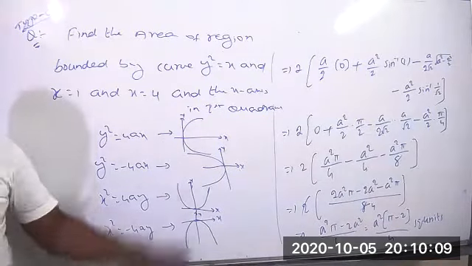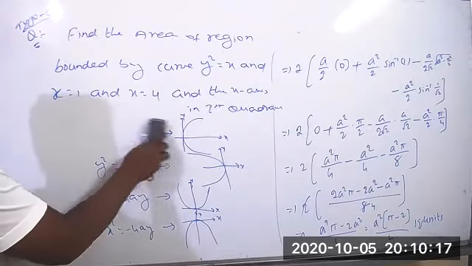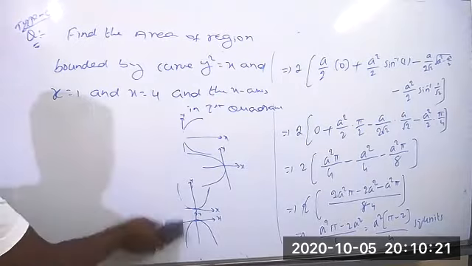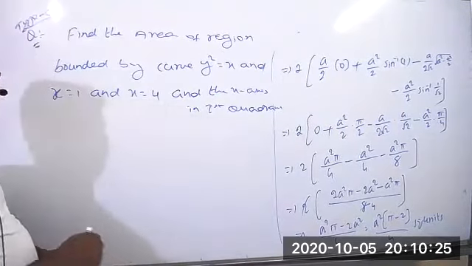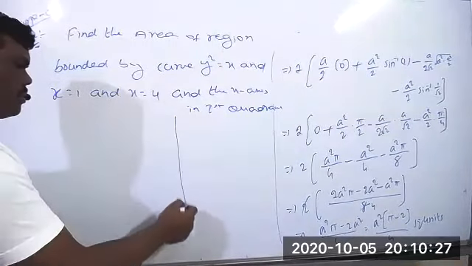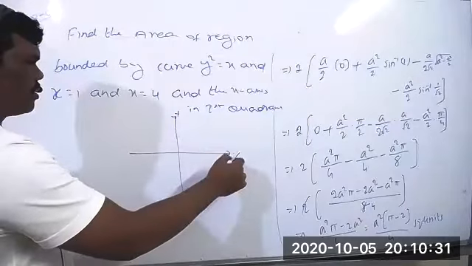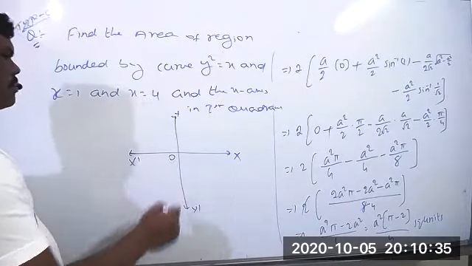Now, coming to our question. Here we have to find the area of the region bounded by the curve y square equal to x and the lines x equal to 1 and x equal to 4. So I'm drawing the diagram here: x-axis and y-axis, this is the origin.